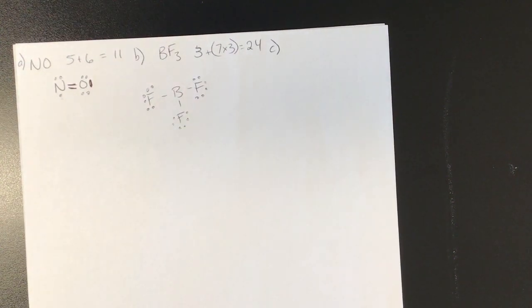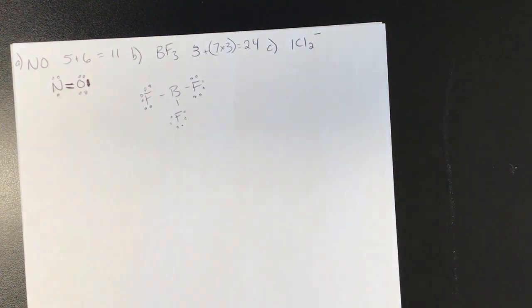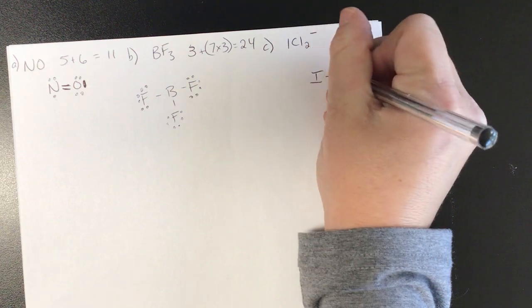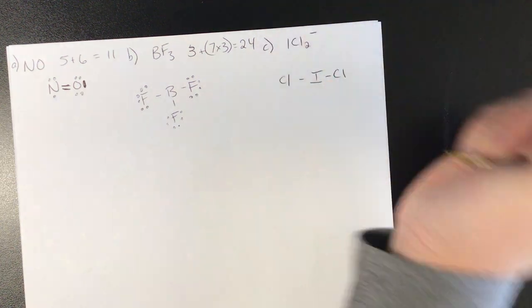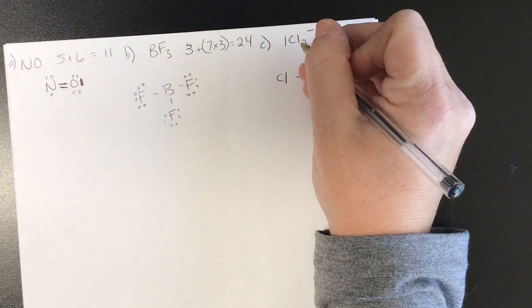Then we have C, ICl2 negative. So this one, I is going to be in the middle, and then we need our valence electrons.